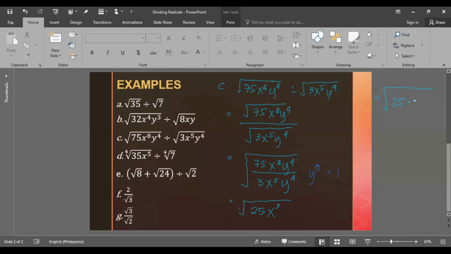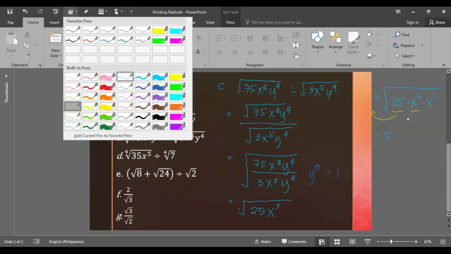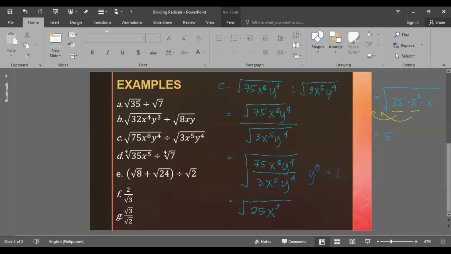So get the factors of x cubed. It should be x raised to 2 times x raised to 1, since one of the exponents of that factors is divisible by 2. So pwedeng makuna ng square root si 25 and si x squared. Square root of 25 is 5 and square root of x squared is x. Then just copy the square root of x raised to 1 or x. And this is now the answer in letter C.